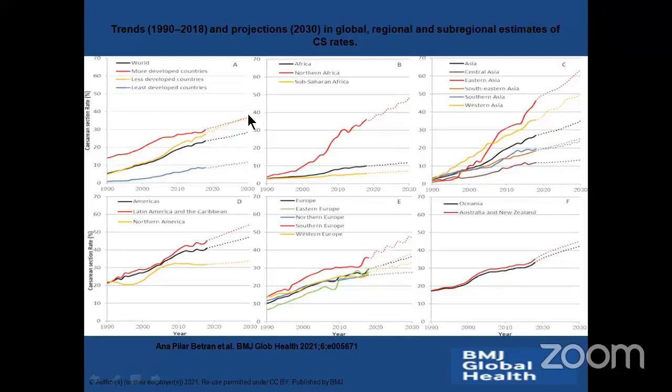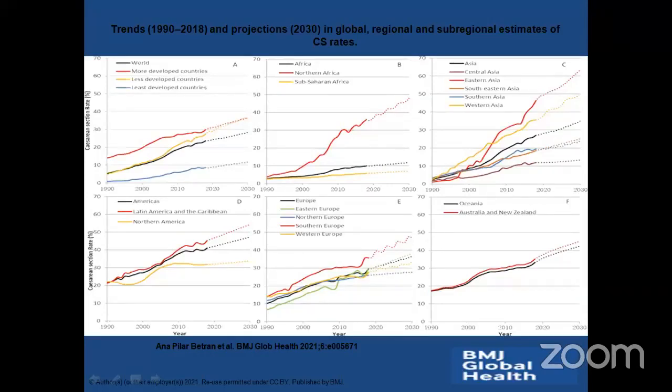It ends at almost 39-40% Caesarean section rate by 2030. And again, if you go to what we would call underdeveloped or least developed countries, Africa, Northern Africa, Sub-Saharan Africa, here also the trend would come around 50% Caesarean section rate. Look at Asia out here. Oh my God, they have projected it to be more than 60%.